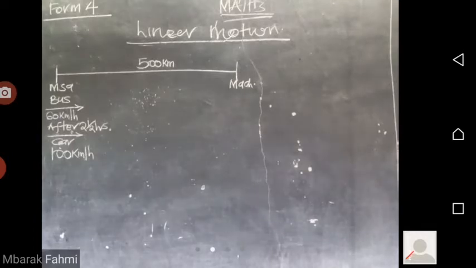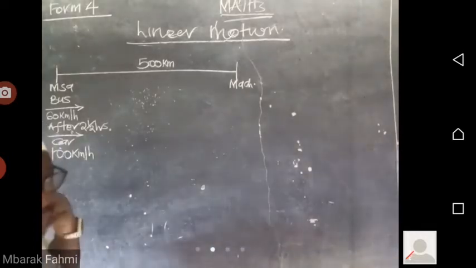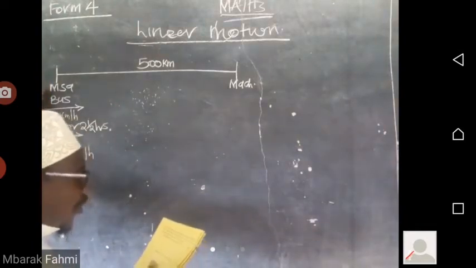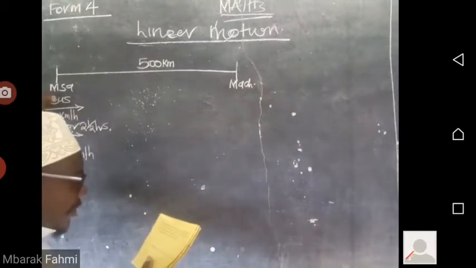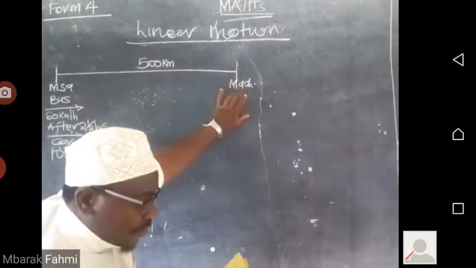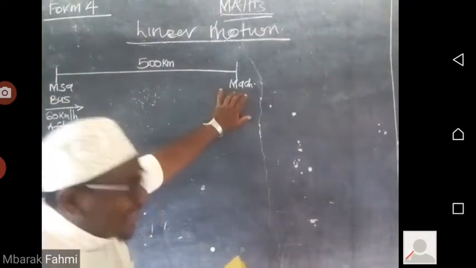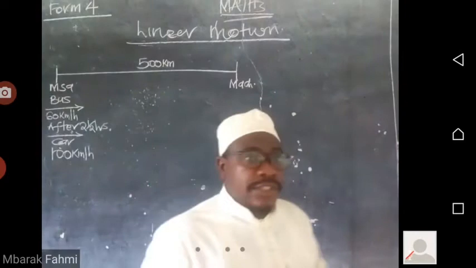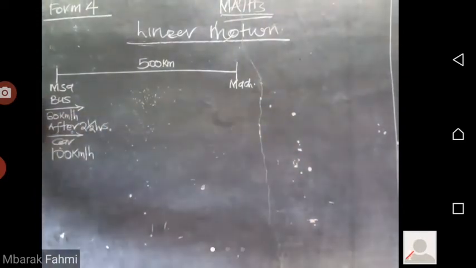So we are told that we have a bus which traveled from Mombasa to Machakos at an average speed of 60 kilometers per hour.